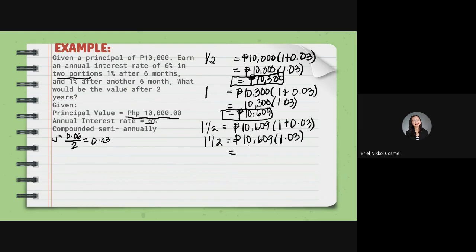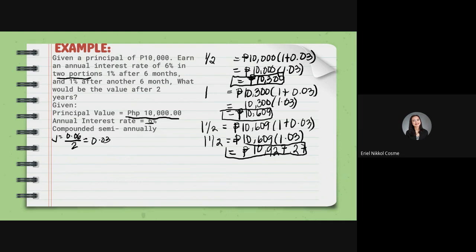Then 10,609 multiplying by 1.03, you will get an answer of 10,927.27. So this is the third period.